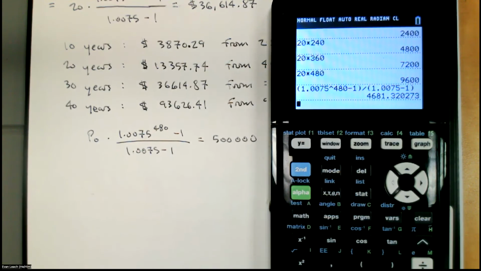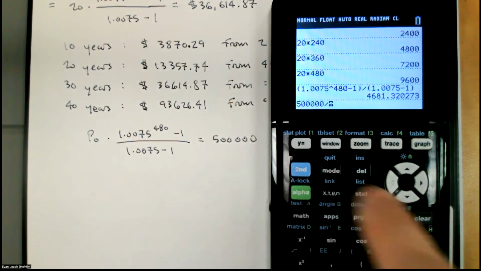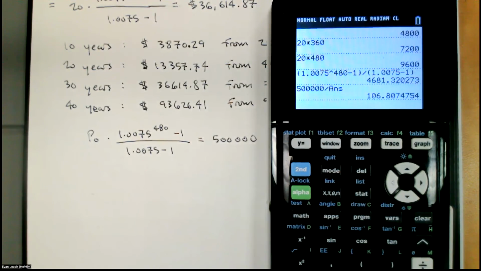So if I take the 500,000 and divide it by this 4,681, if we put $106.81 away every month for the next 40 years and get 9% return annually, that will get us to $500,000.